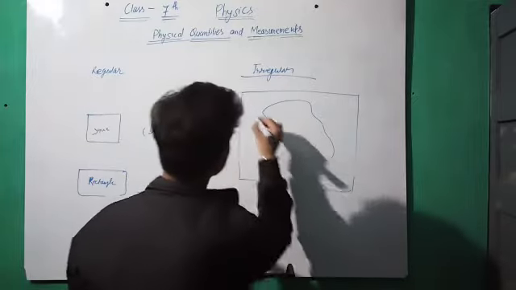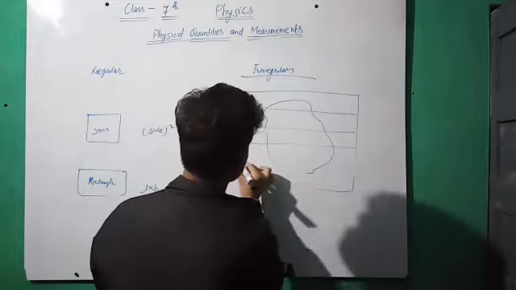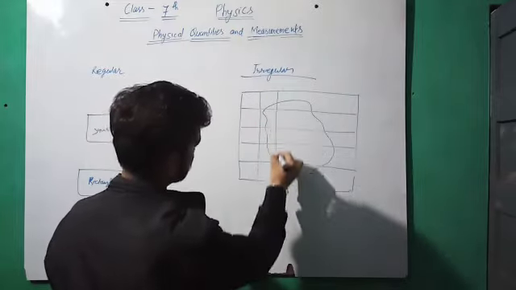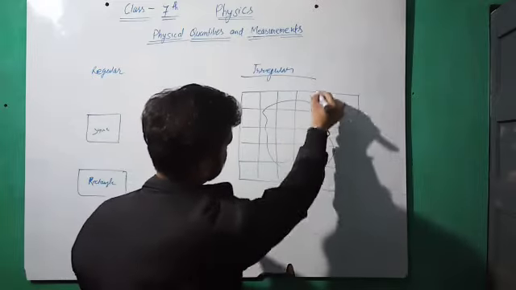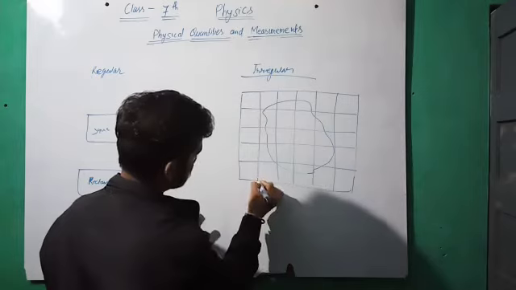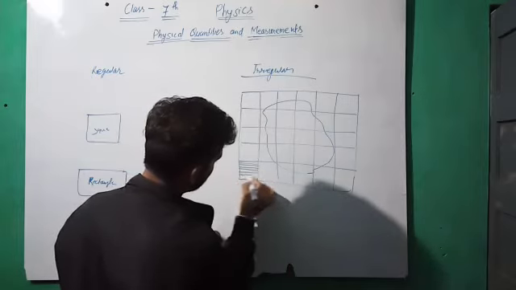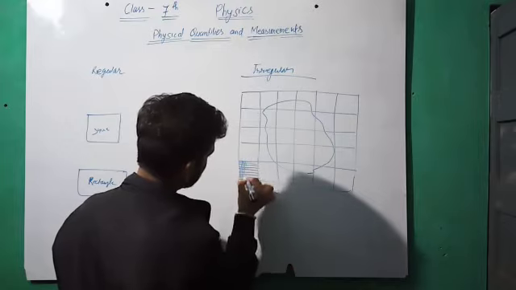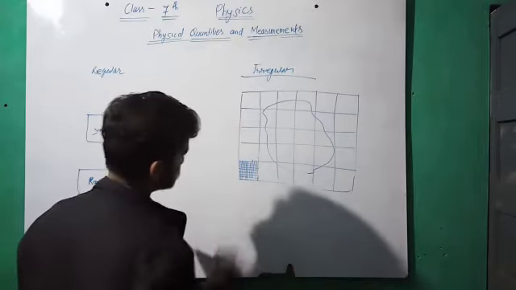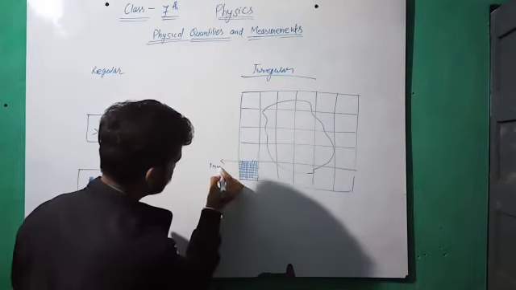This is a graph, and there are various segments, and these are the squares in between the graph. Each square contains 10 parts in it, and a total of 100 small boxes in a square, each of 1 mm square, a very small unit.